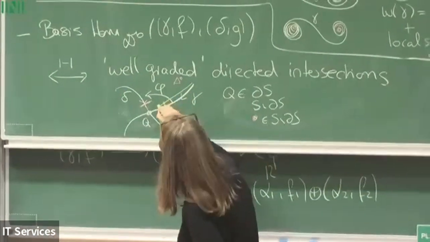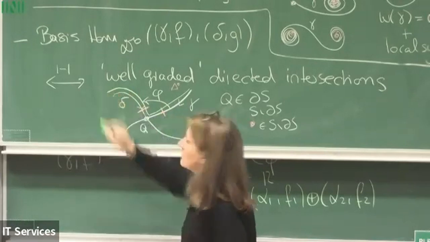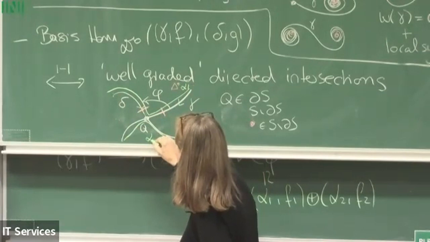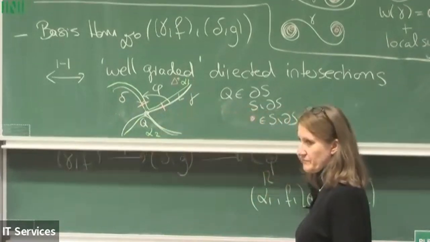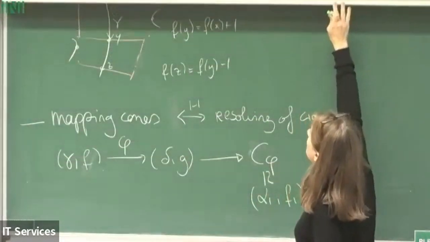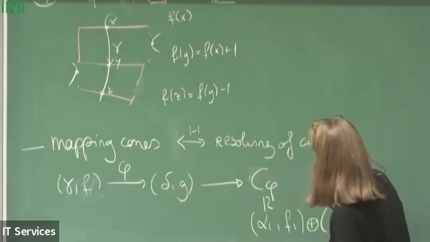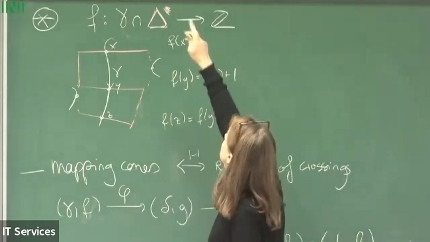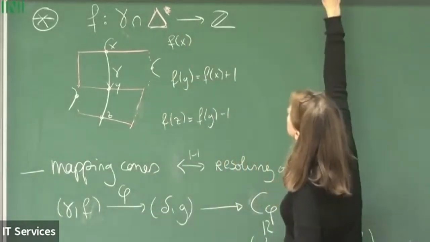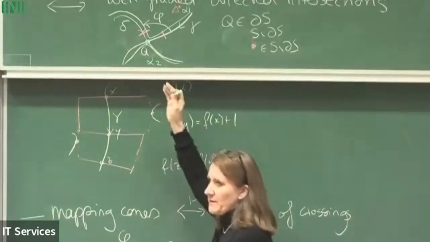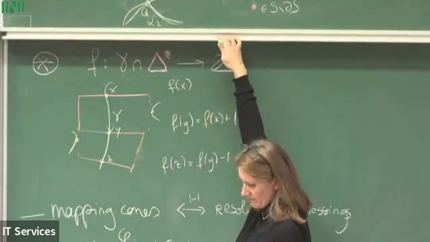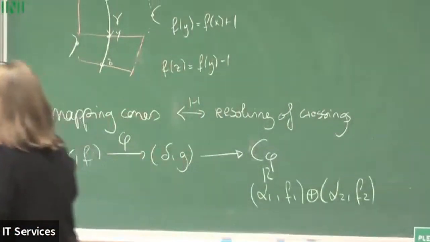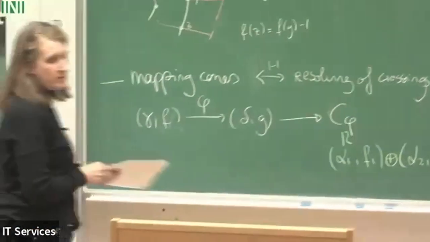We follow gamma up to the intersection and then do gamma inverse. This is alpha 1, and then we do the other one, and this gives us alpha 2. Okay, so the mapping cones correspond to the resolution of the intersection defining the map. Of course, if the crossing is on the boundary, then one of them wouldn't be there, and we would have only one middle term. Okay, so maybe another example to see how that looks in practice.